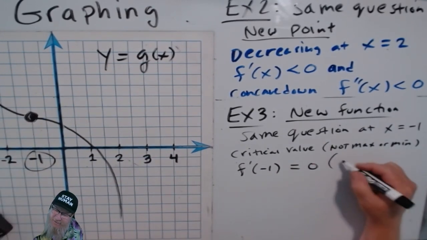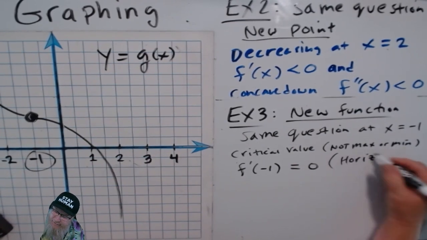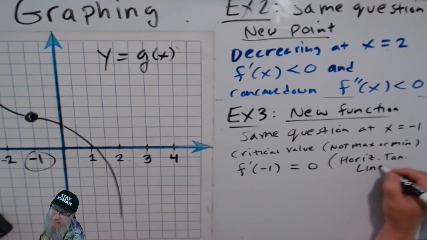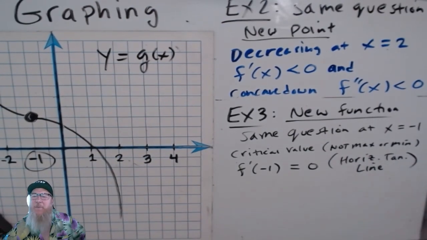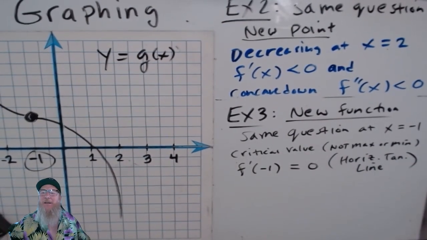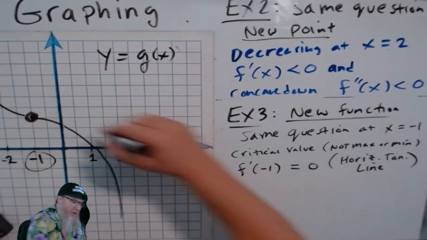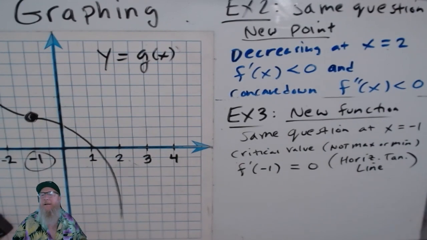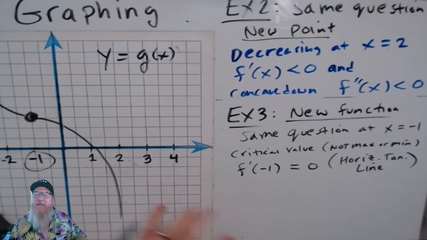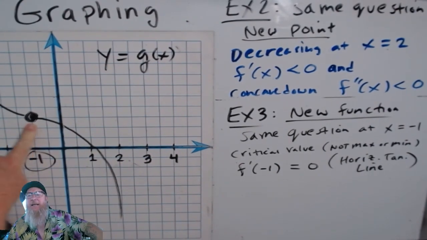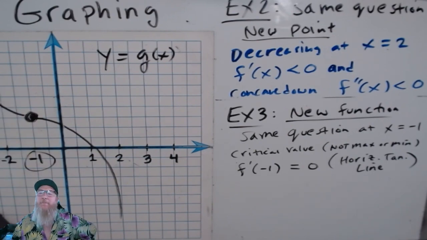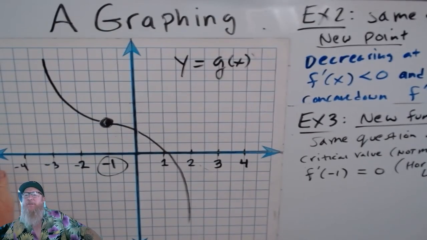In other words, it has a horizontal tangent. Going back to the very beginning of the definition of a derivative, it's a tangent line. If I were to draw the tangent line, it would be a horizontal line passing through that point right there. But it's not a max or a min because you can see it's going higher. The graph is going higher above this point here. You can't really see it off the screen, but it's going up like that.